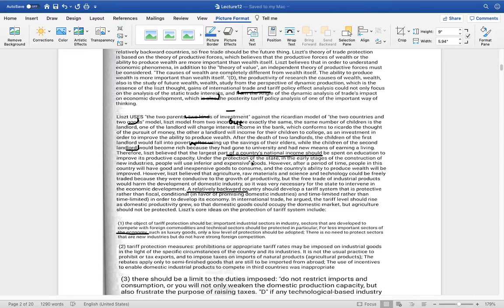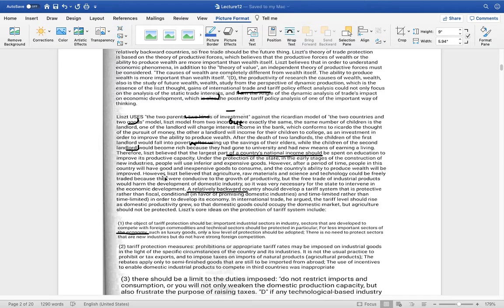Under the protection of the state in the early stage of the construction of the new industry, people will use inferior but expensive goods. However, after a period of time, people in this country will have good and inexpensive goods to consume, and the country's ability to produce will be improved.